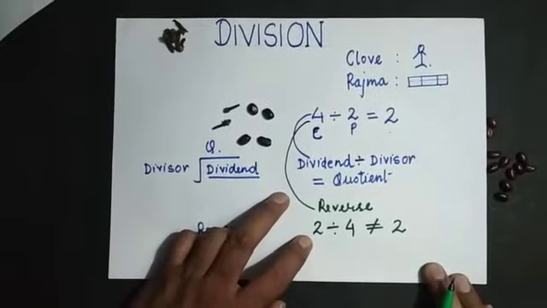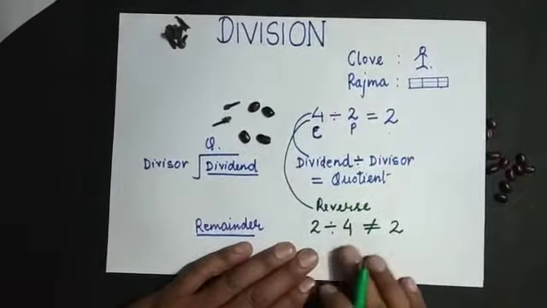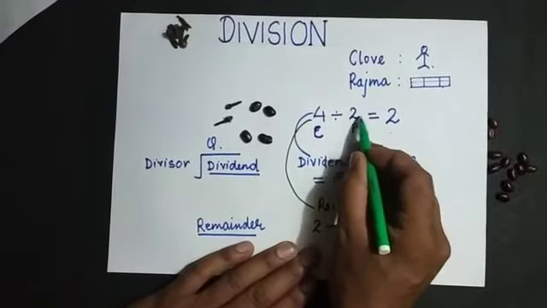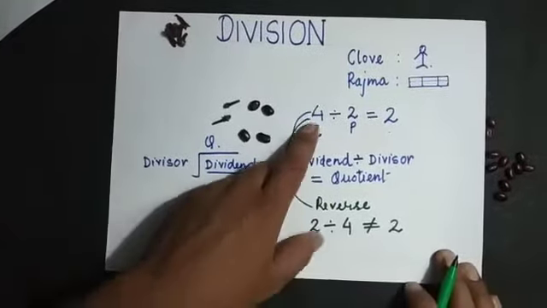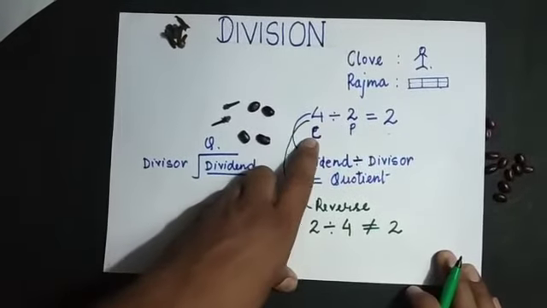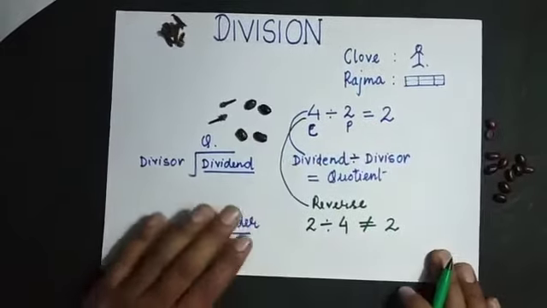You will study this later, but both are not equal. 4 divided by 2 is 2: if we divide 4 chocolates among 2 persons, each gets 2 chocolates.